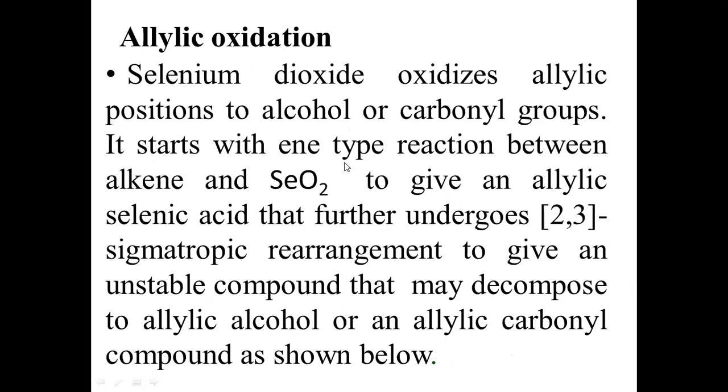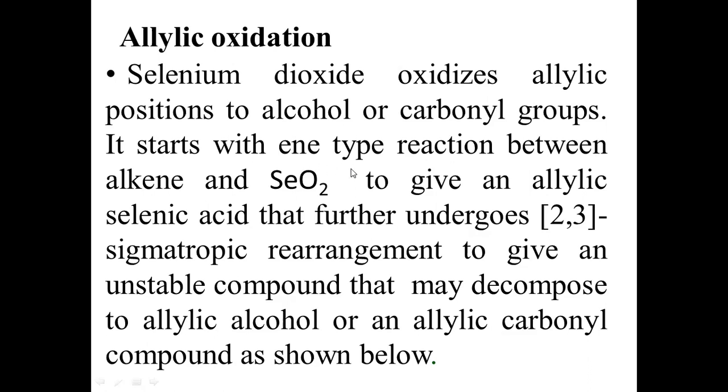It is the transfer of allylic hydrogen to an unsaturated position, followed by a new sigma bond formation between the two reactants. In simple terms, an ene reaction is a reaction in which the transfer of allyl hydrogen to unsaturation is followed by carbon-carbon sigma bond formation. Okay, that is the ene reaction.